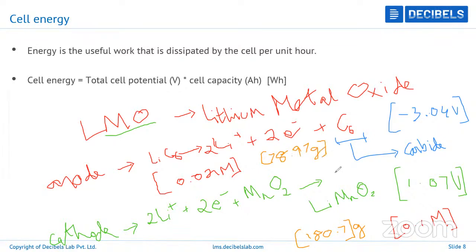Now we have the reaction, the number of electrons participating in the reaction, the molar concentration, the molecular mass, and also the standard potentials for both the anode and the cathode. With these values you will perform the calculation, and please type it in the chat box. Let's see what answers we get.